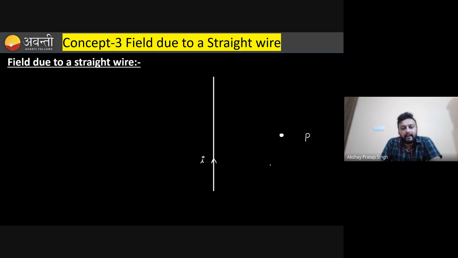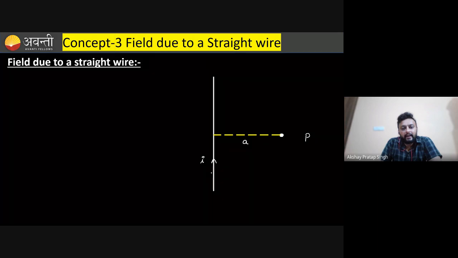Moving further. Now, first of all, mark my word, the perpendicular distance of the point P from the wire is A, let's suppose.